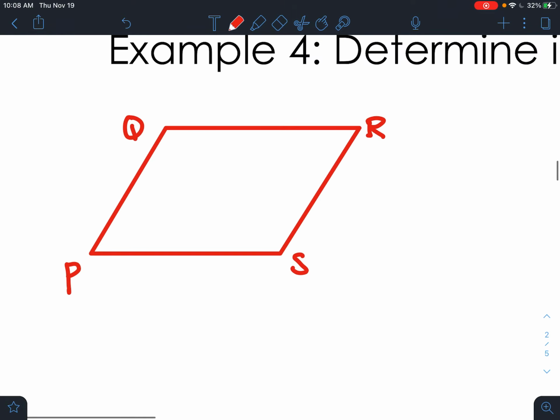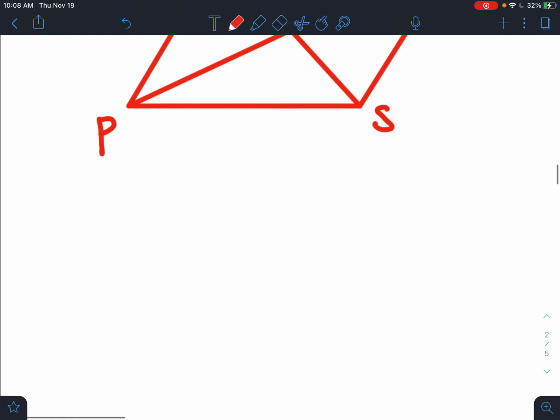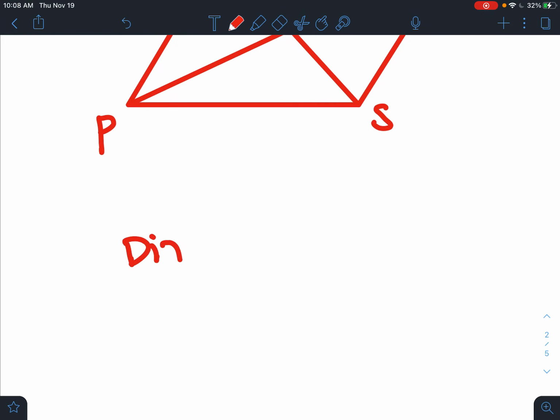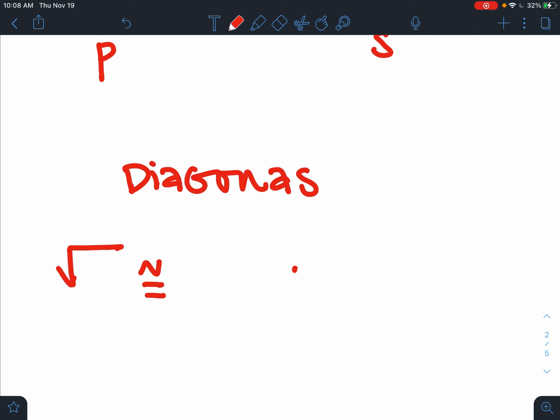So what we're going to do is focus on the diagonals. We're going to use the distance formula to see if they are congruent, and we are going to use the slope formula to see if they're perpendicular.